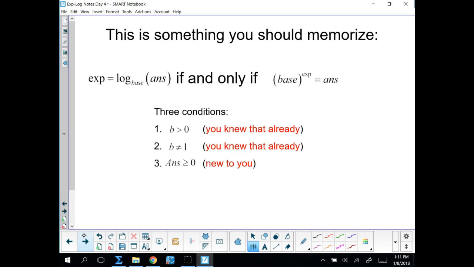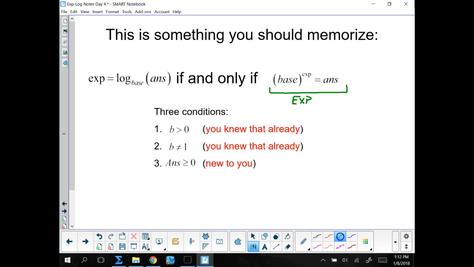Now, here is something that you should memorize. Exponent equals log base of the answer if and only if the base to an exponent equals an answer. Let me say that a little differently. This one over here is our exponential equation.